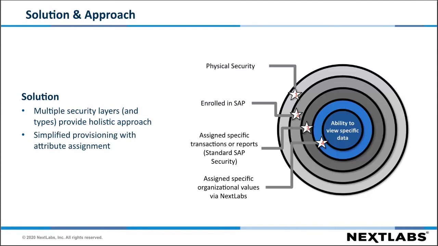A lot of the DoD clients also have access cards and everything like that. The second level would be being enrolled in SAP, so just being able to get access to that system and having an account there. And then level 3 is your traditional RBAC model, where you have specific transactions or reports that you can execute in the system.